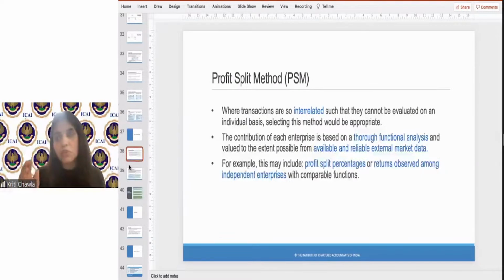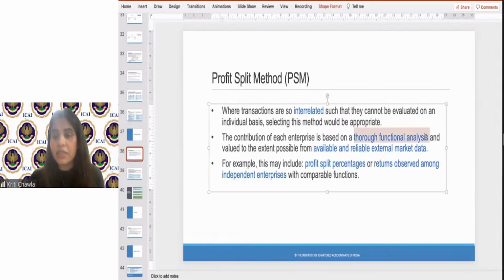How you come to that profit split percentage depends on what other people in the industry are doing, or you'll see it says thorough functional analysis. That basically means you look at what functions, what assets, and what risks were involved. So if two entities were involved, you'll see how much of the function in that particular project was done by entity one, and how much by entity two, and then divide it accordingly.